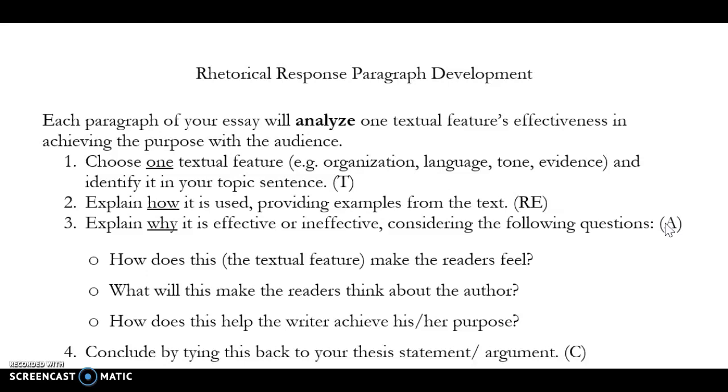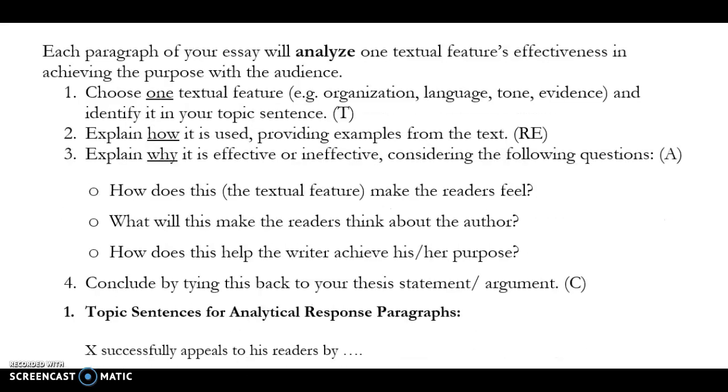Then you would have that concluding sentence, which ties it back to your thesis, which once again talks about how effective or ineffective this author was in achieving their purpose. Both this outline and the document, which provides a more robust outline of the entire essay, provide you with sentence starters.